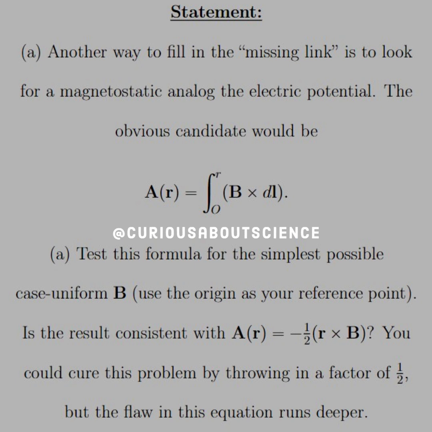Use the origin as your reference point. Is the result consistent with A of R is equal to negative 1/2 R cross B? You could cure this problem by throwing in a factor of 1/2, but the flaw in the equation runs deeper.